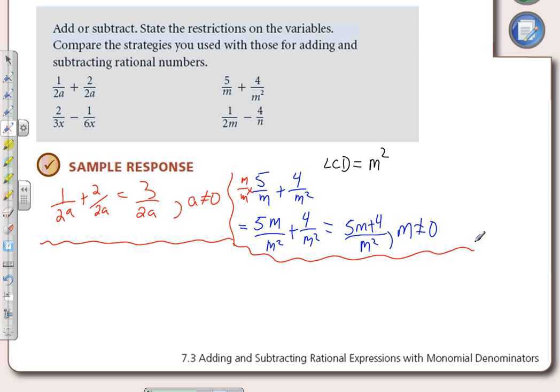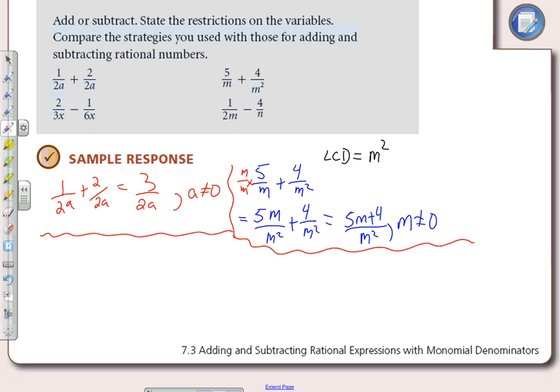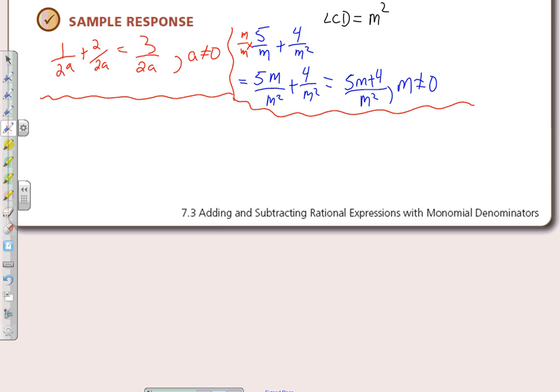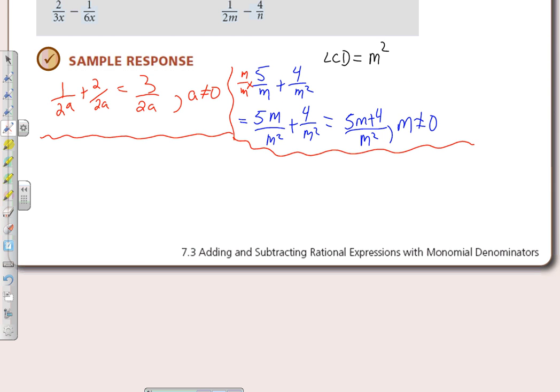And let's look at the third one. Now we're going to do some subtracting. We've got 2 over 3x minus 1 over 6x. They both have an x. That's good.